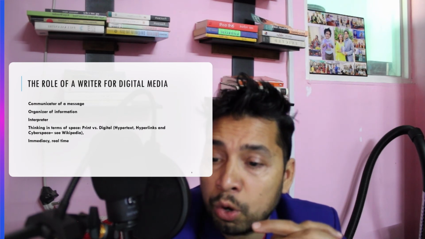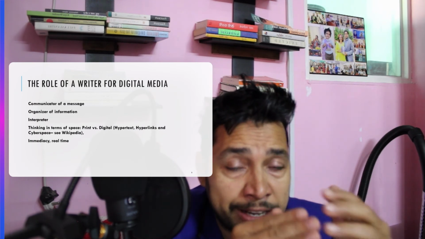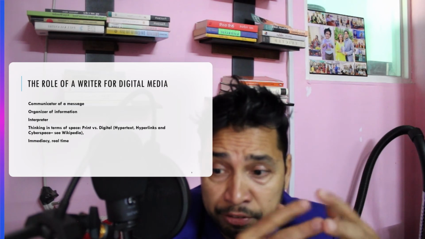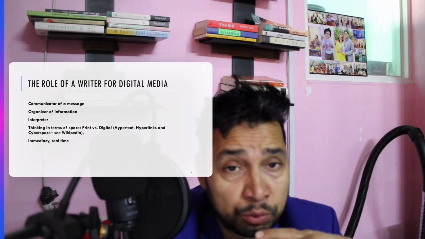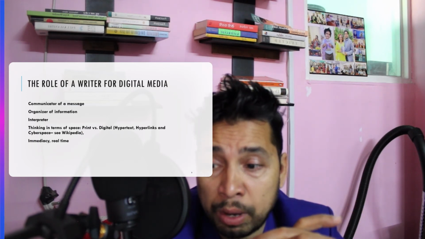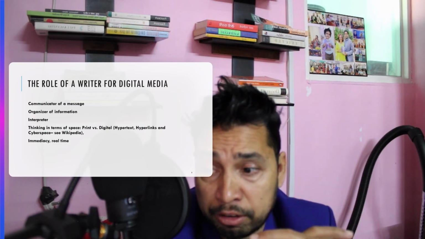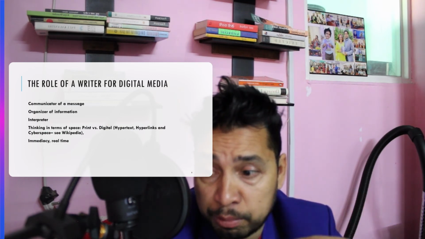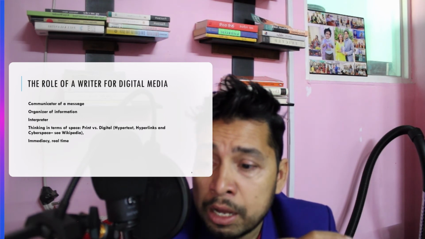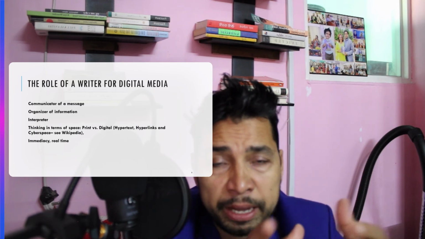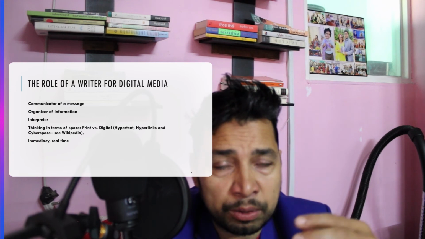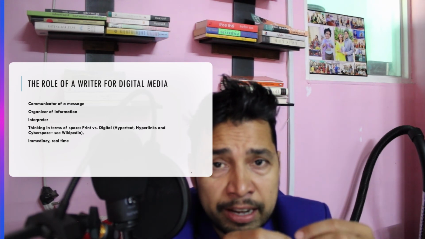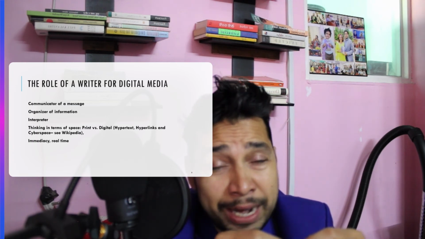And again, especially if you are a writer for digital media, you have to be very mindful of your role as well. Are you an effective communicator of a message? How will you organize the information, how do you interpret the information? Think in terms of space. For example, the advantage of writing for digital media is that you don't have to write everything thoroughly.